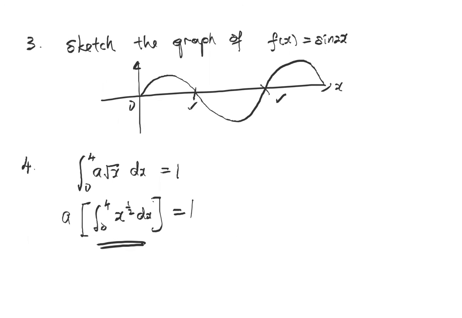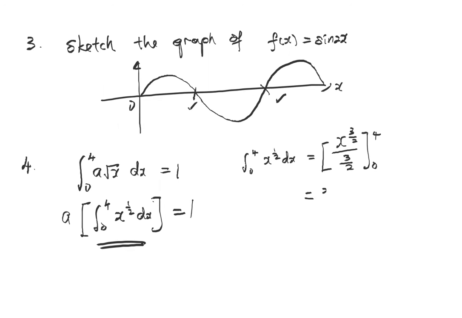Okay, try to work it out. If I integrate, I do it part by part for you to see. If I integrate 0 to 4 of root x, this will be x to the power of 3 over 2 divided by 3 over 2, power plus 1. Okay, 0 to 4.